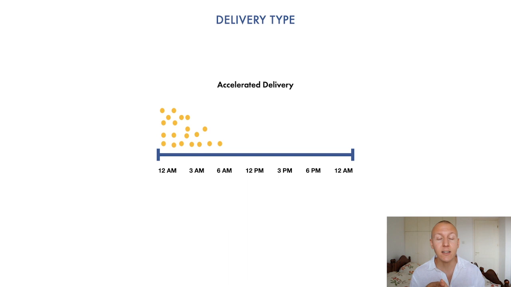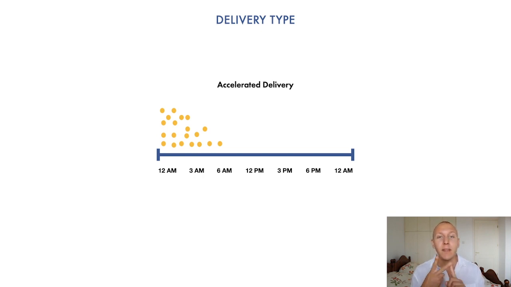Number one, if you're doing anything that's time sensitive, let's say, hey, this is only going to last for another 12 hours, maybe a certain discount, maybe a certain event, then go ahead and use accelerated because that's just perfect. You want to get it out as quickly as possible. There's no time to optimize.